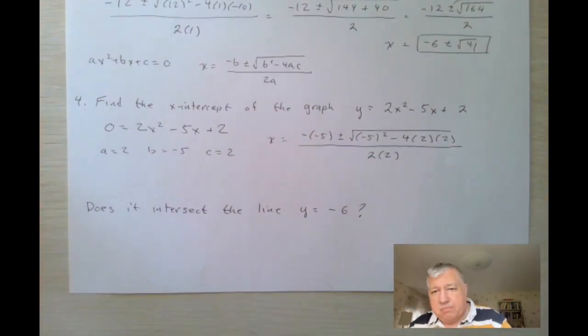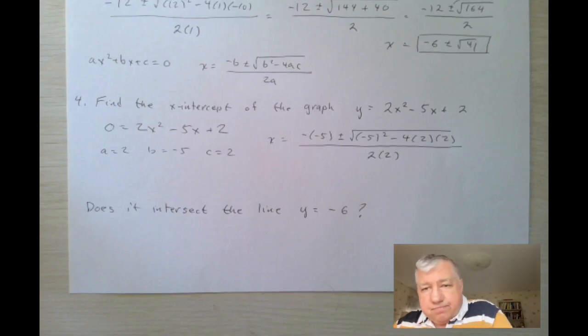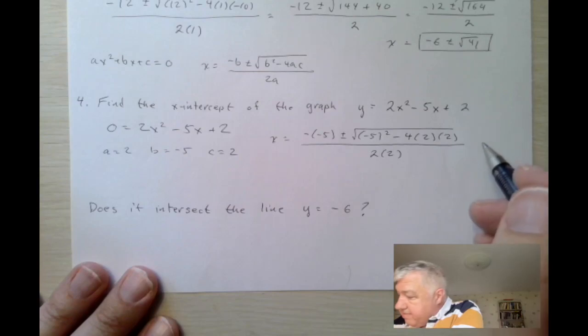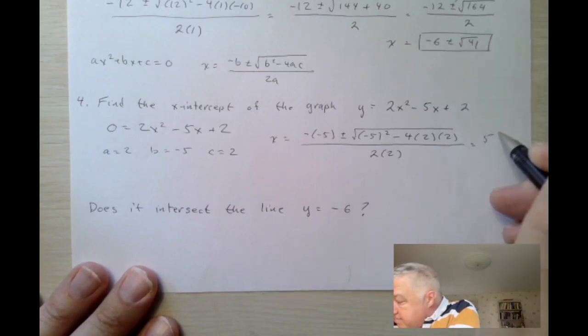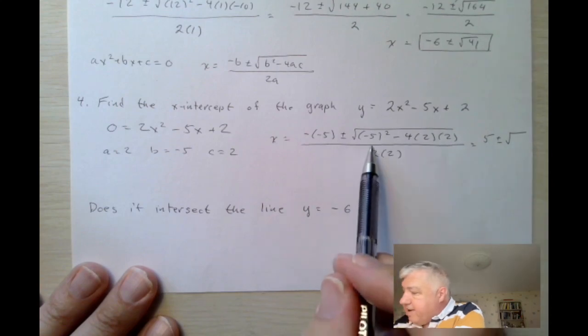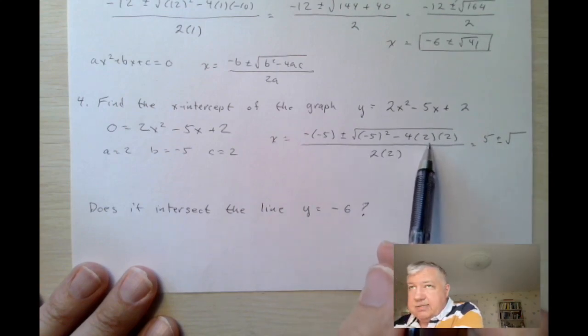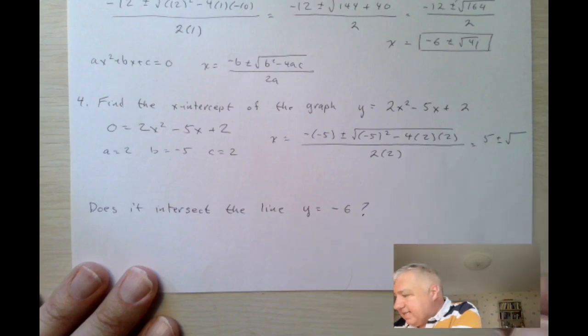Let me just simplify this. So this is going to be plus 5 plus or minus the square root, and you can check this is 25 minus 16. So 25 minus 16, I think hopefully it's 9, right?